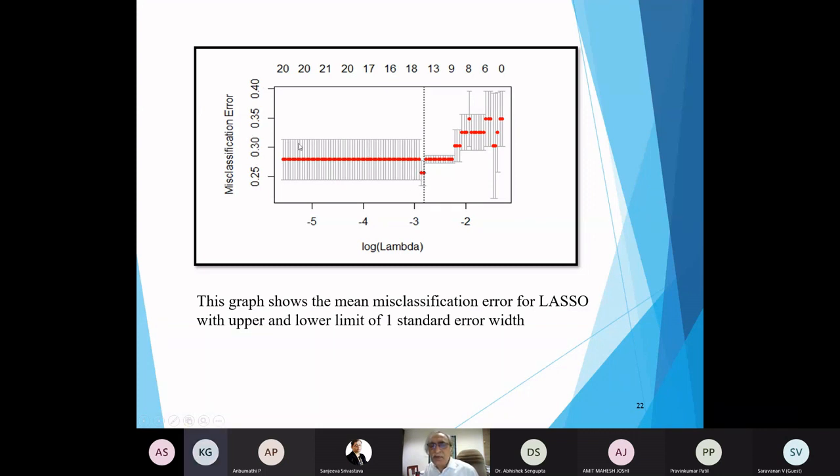If you compare all these values, this value happens to be the smallest. I locate that log lambda, and this again tells me that the number of independent features, the number of proteins, lies between 13 and 18, and I come up with a model.